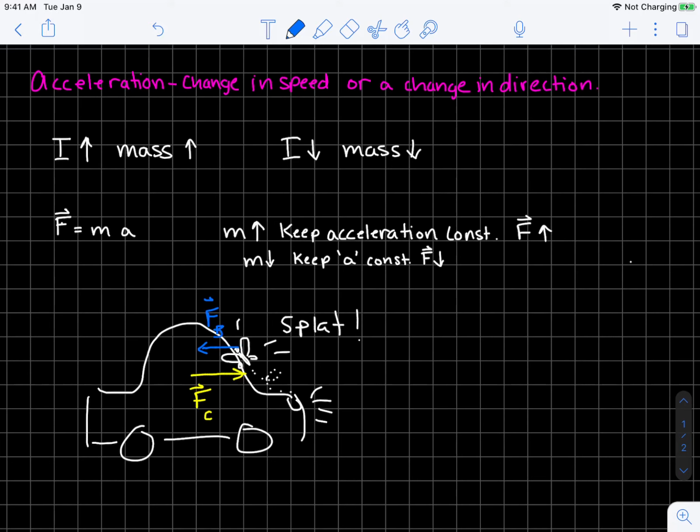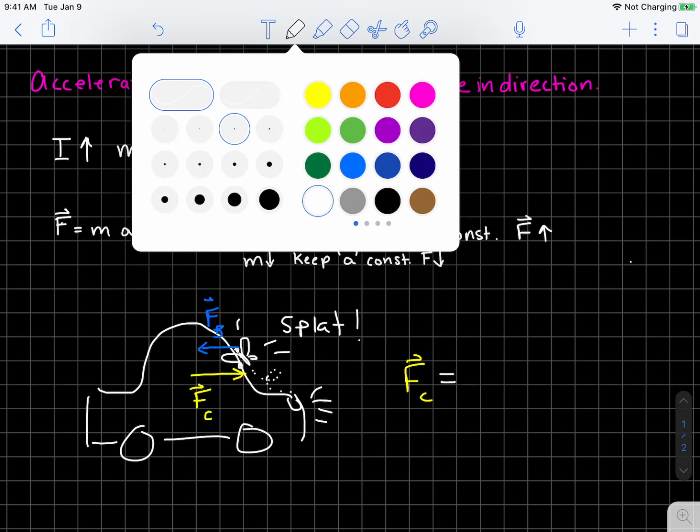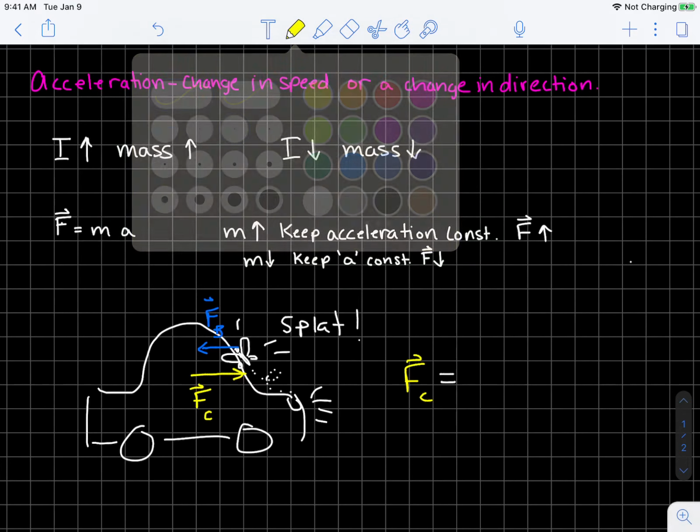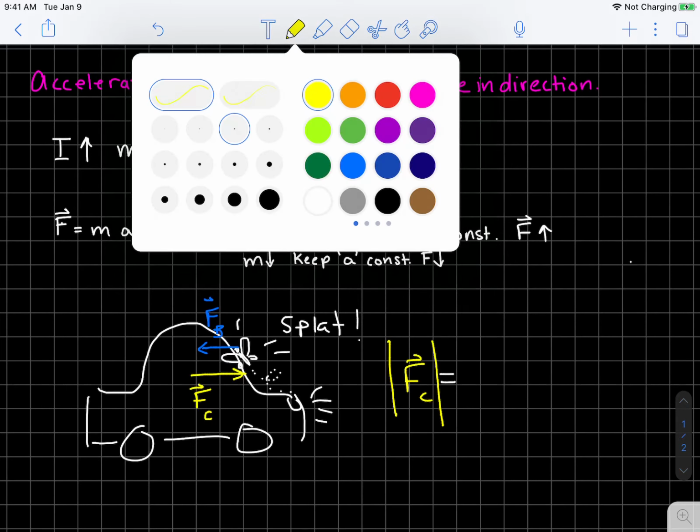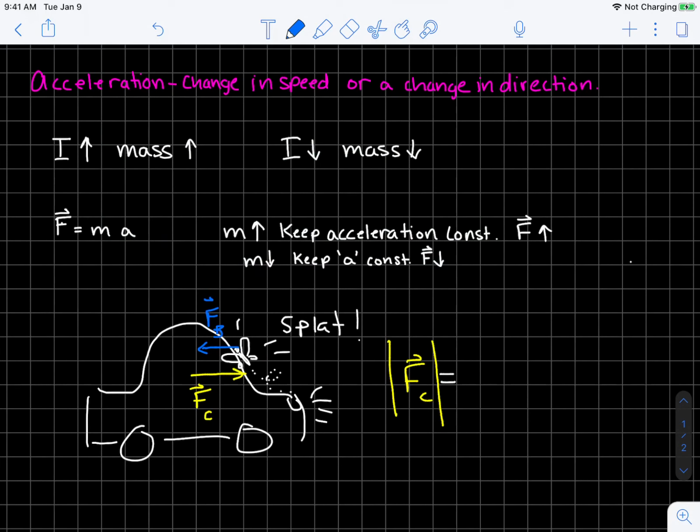So we're going to use a B for bug. We would say that this F sub C, force of the car, is equal in magnitude. The way we represent magnitude, this is going to be kind of new for you if you're not in calculus, is this absolute value symbol. That means magnitude. It means we're worried about just the amount, not the direction. It is equal to the magnitude of the force of the bug on the windshield.